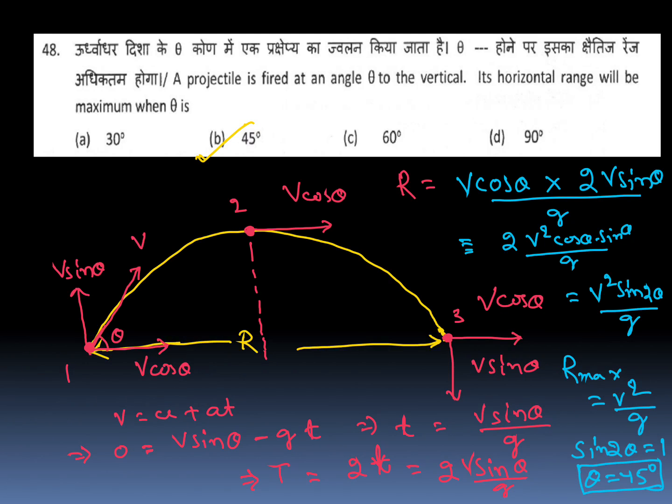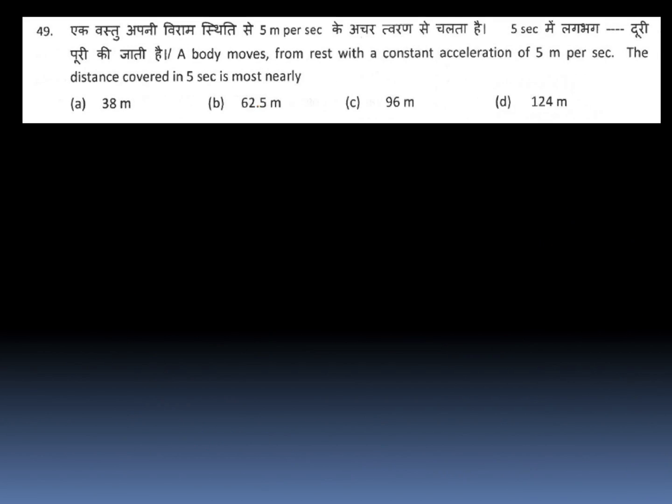A body moves from rest with a constant acceleration of 5 meters per second square. The distance covered in 5 seconds is? Moves from rest, so initial velocity u equal to 0. Acceleration is constant, a equal to 5 meters per second square given. Then the distance covered in time t equal to 5 seconds; distance we have to calculate.